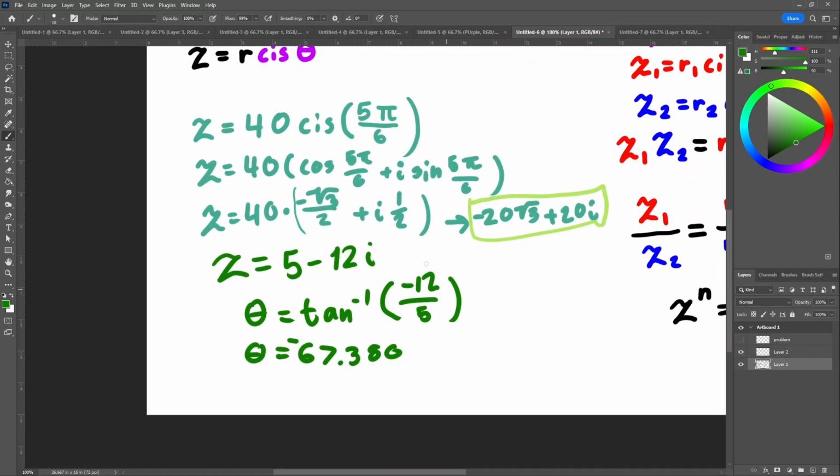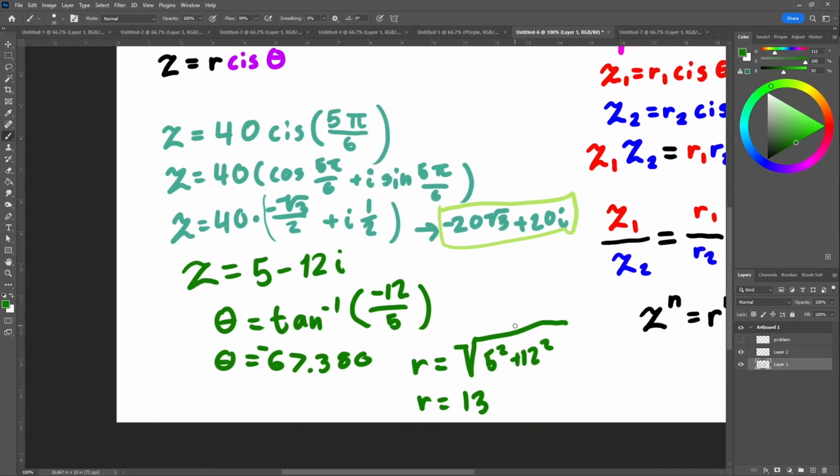And we want our magnitude, or r, which we can remember is just the Pythagorean theorem, so 5 squared plus 12 squared, which is 13.